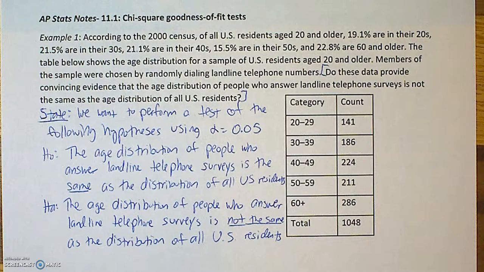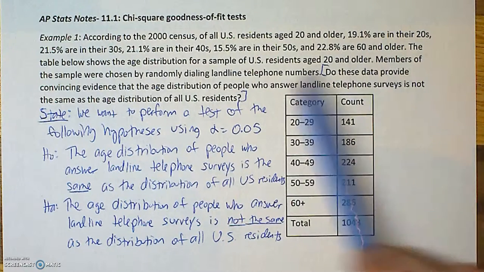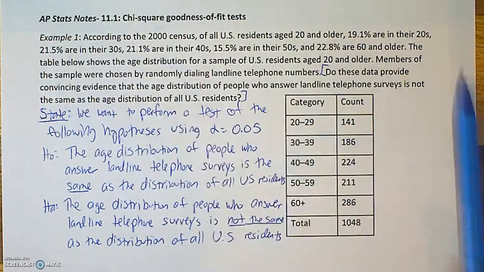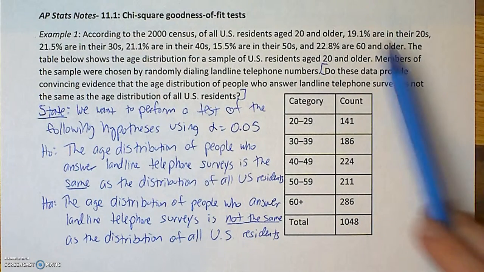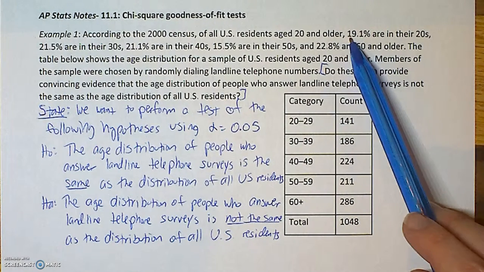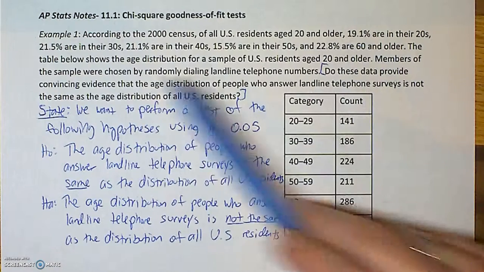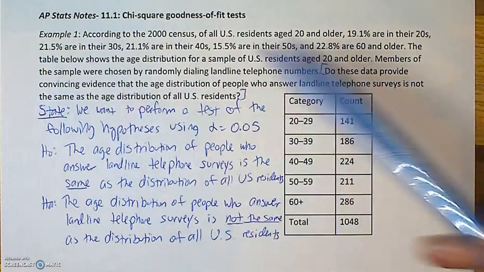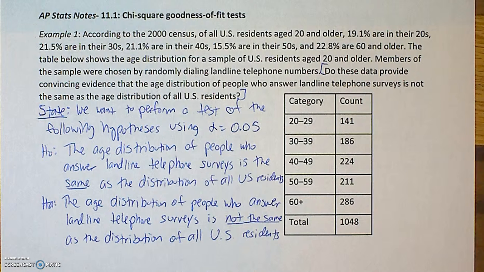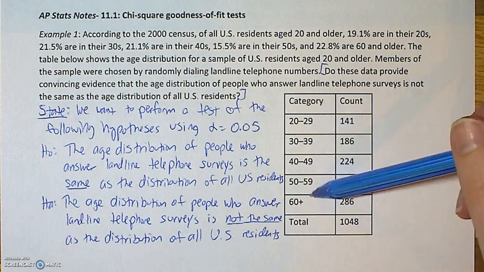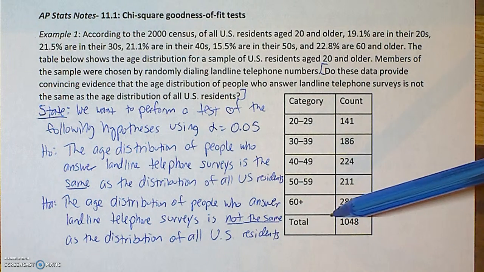Now, another way to write these hypotheses, you could write them using the proportions, right, up here. The only downside is that if you said, oh, p sub 1 is 0.191 and p sub 2 is 0.215, etc., then you would have to go through and define all of those parameters, which can be a lot, right? There's only 1, 2, 3, 4, 5 here, but, I mean, it could be a lot.